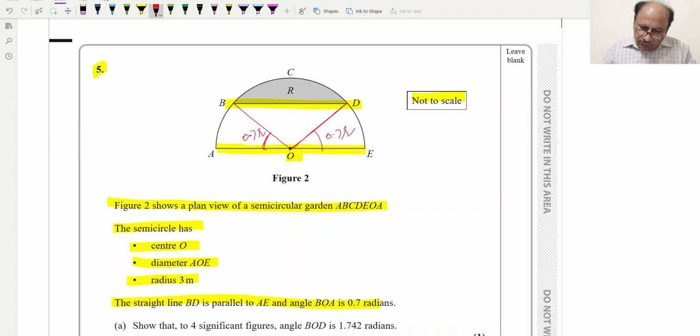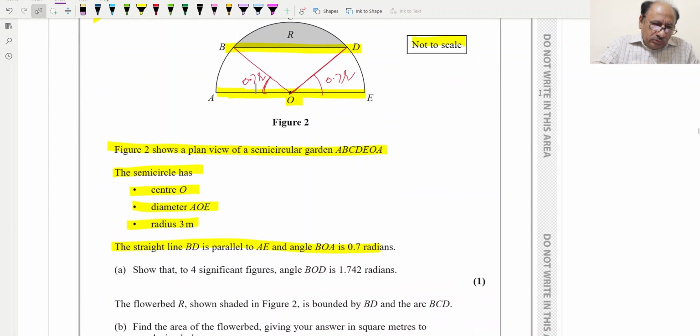Show that, to four significant figures, angle BOD is 1.742 radians. So this angle, we need to show as 1.742 up to four significant figures. This one we have to show.